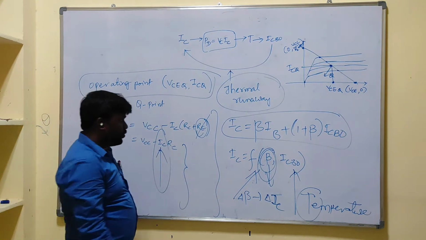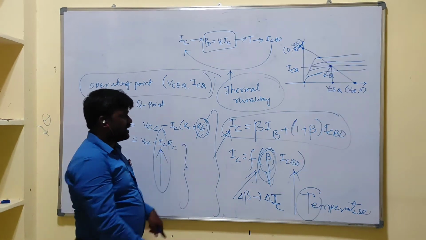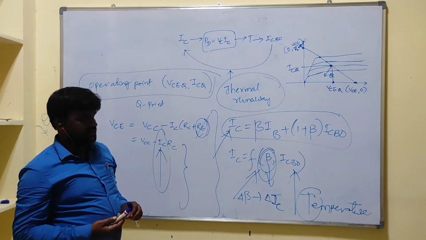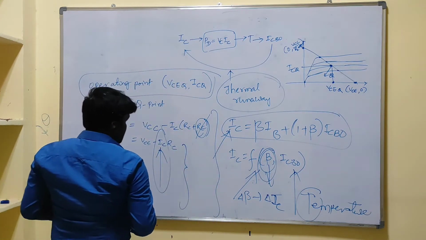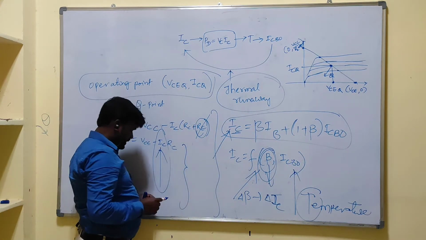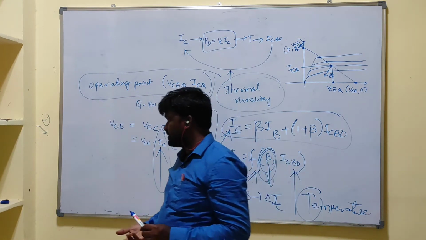That's why we need to fix IC at a particular point. That point is known as the operating point. Or else we need to stabilize these changes. For that we require proper biasing circuits or some stabilization circuits.